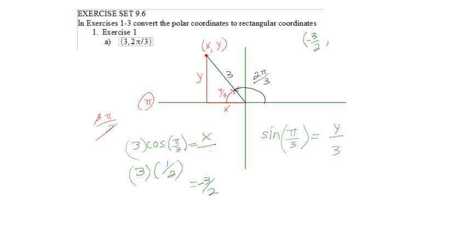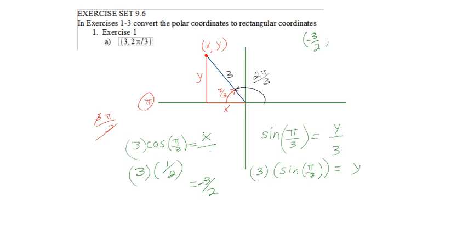And same thing, if I multiply 3 times sine of pi over 3, this will give me y.